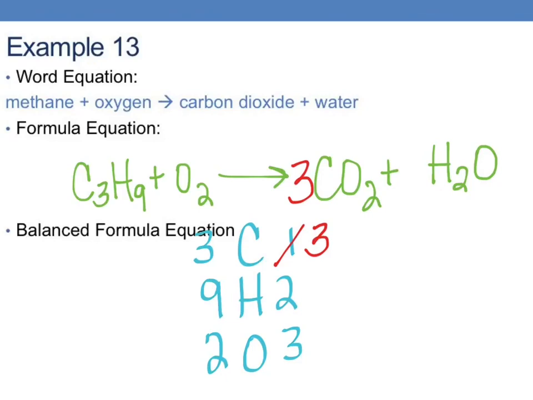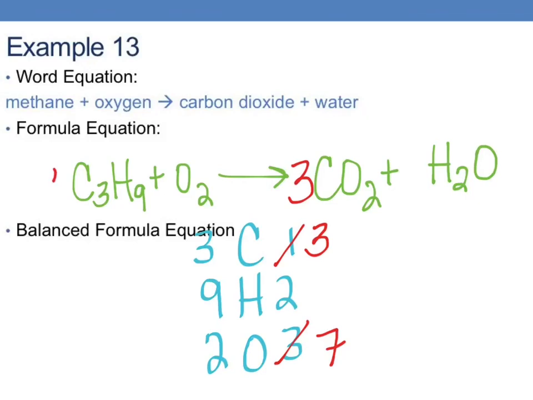How many oxygens do I now have? 6 plus this 1. 7. Now, let's go do our H's. If I have an odd and an even number of H's, the best thing I'm going to do is just multiply this one by 2 and the other one by 9.